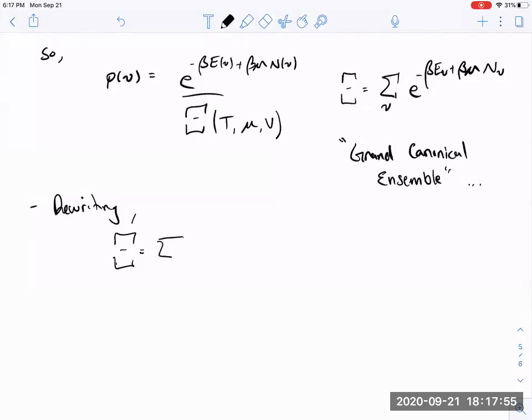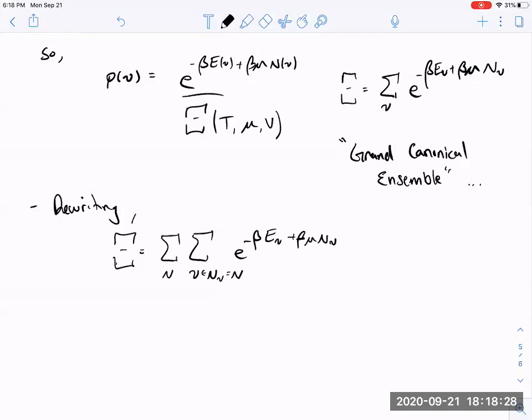We can first sum over, ooh, those are terrible sums. Let me try that again. We can first sum over microstates with a fixed particle number, and then sum over all particle numbers. So we can do that sum in those two steps.